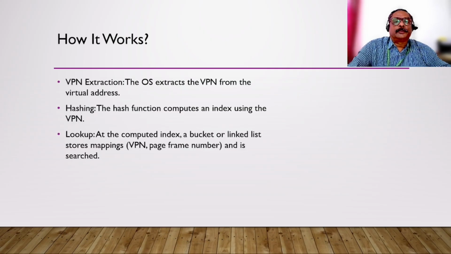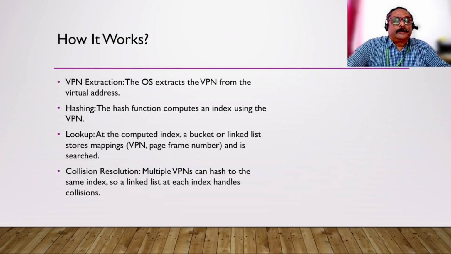At this computed index, a bucket or a linked list stores the mappings. This is how the mapping is done, and this is how it is searched. So it becomes quite easy to locate any virtual page on the hash.